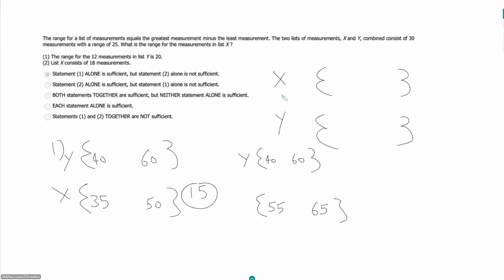So in this case, everything still checks out. My range overall is 25, it looks like. And my range for Y is still 20. And my range for X is 10. So this should be insufficient.